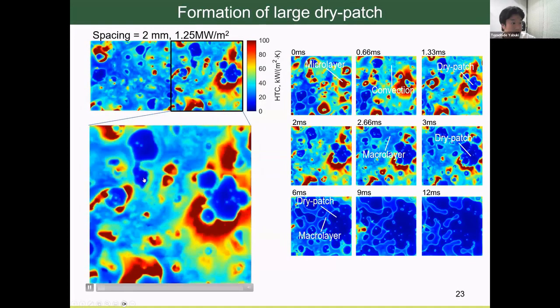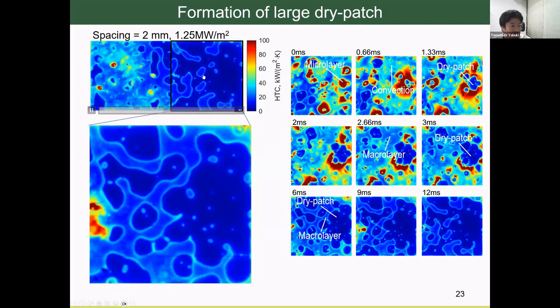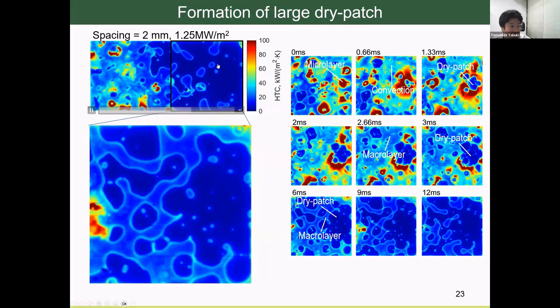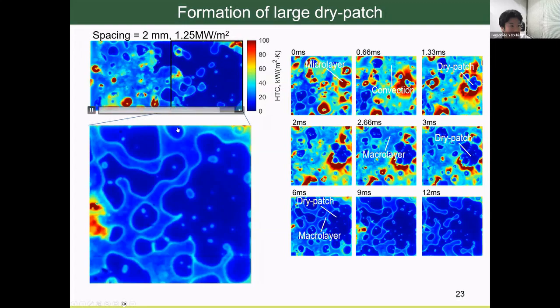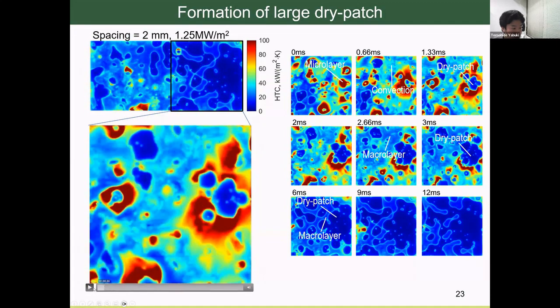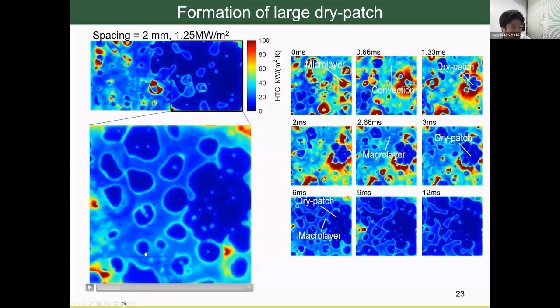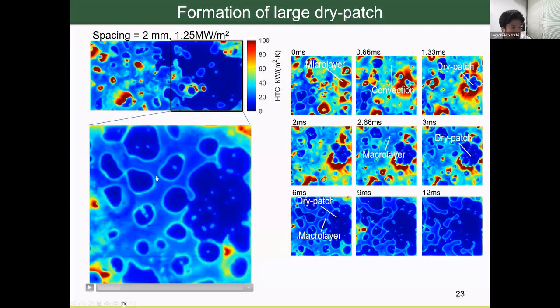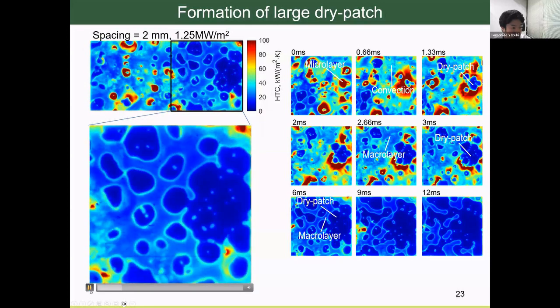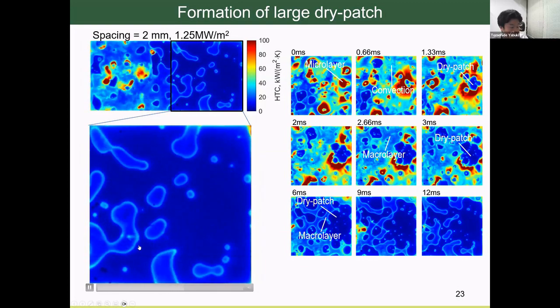And then this shows the formation process of a large dry patch. Here, and this is the magnified view. Before the formation of the dry patch, there is a macrolayer, and then the large dry surface appears on the surface.